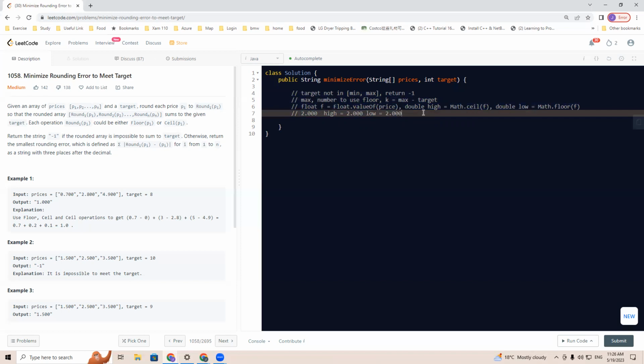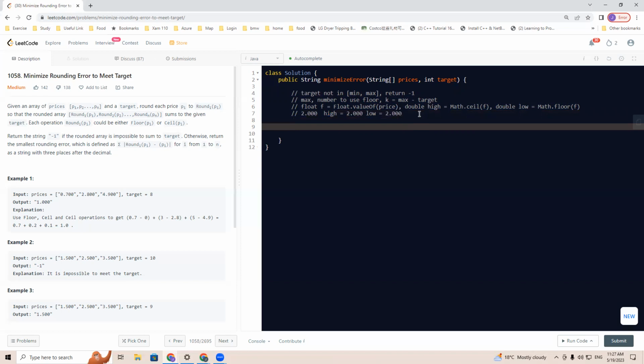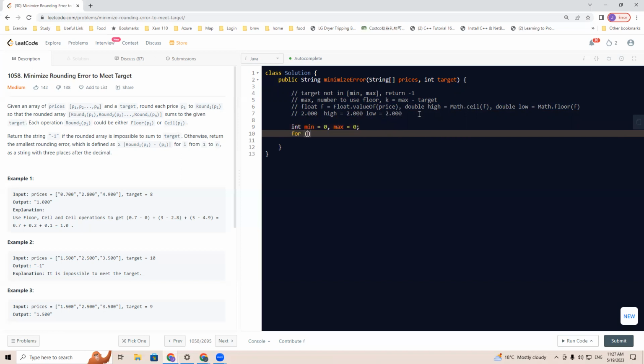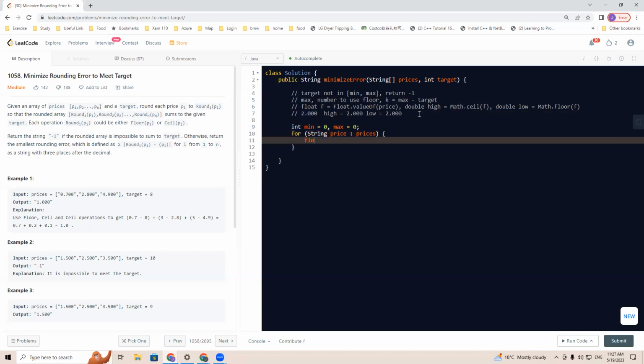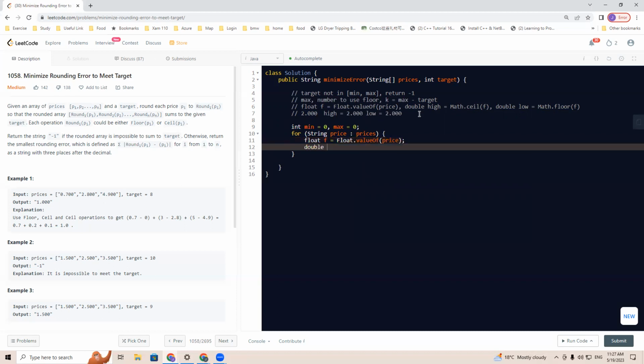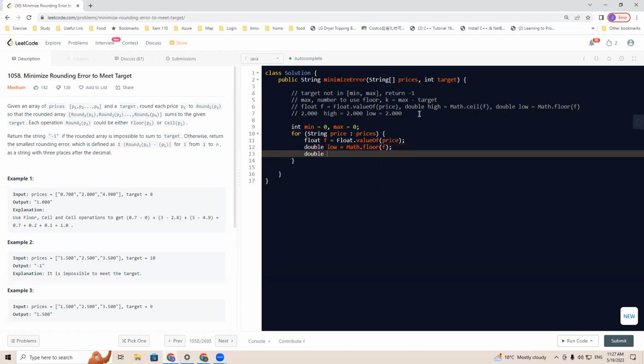Let's begin to write the first condition. We're going to have int min equals 0, max equals 0, and for each string price, we'll have float f equals the float value of price, and we'll have double floor equals Math.floor, and double ceil equals Math.ceil.